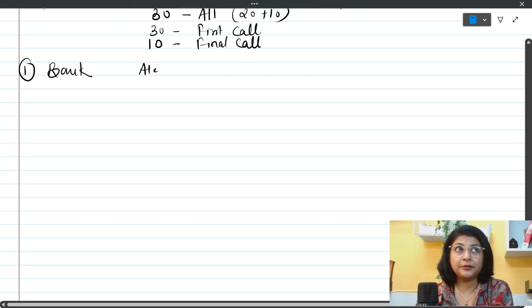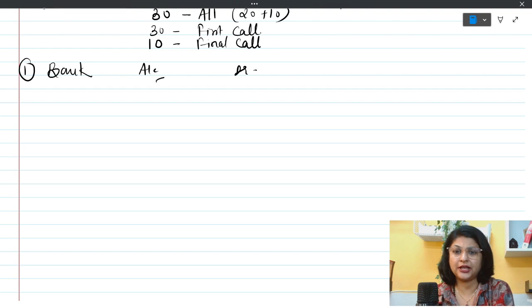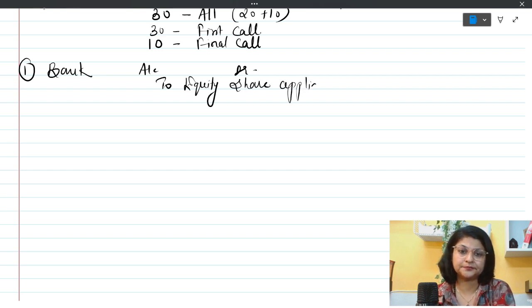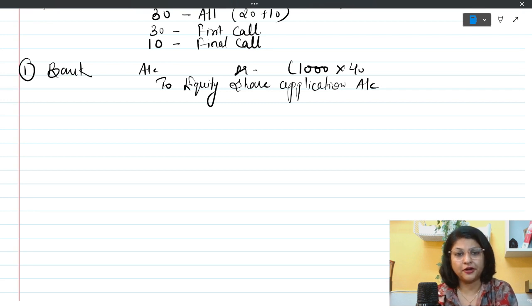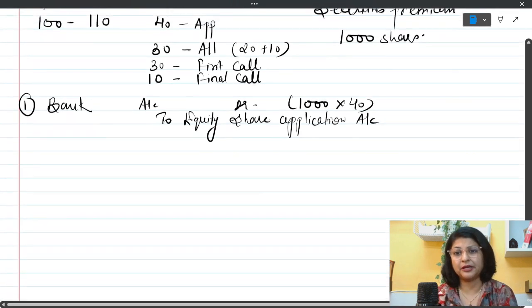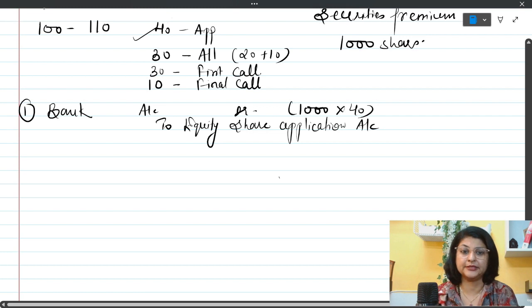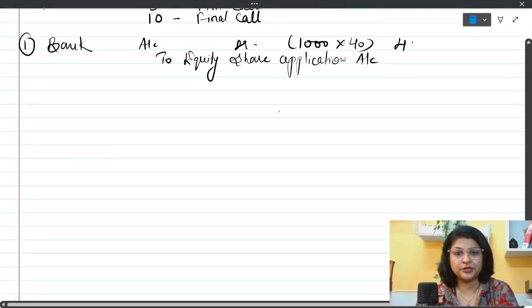Bank account will be debited and equity share application account will be credited, which is rupees 1000 multiplied by 40. 40 rupees is the application money, so I'm multiplying it with 40 rupees. So your amount is going to be 40,000.